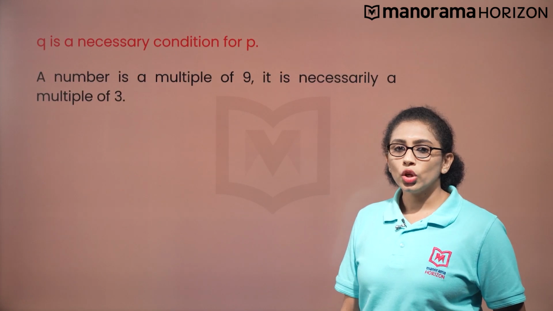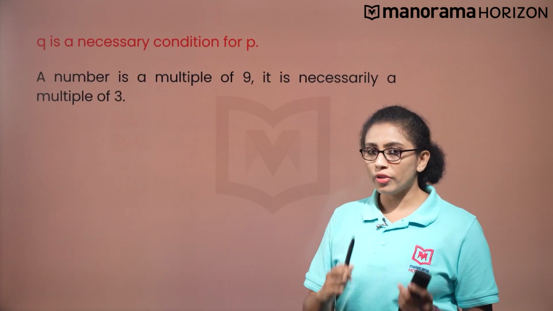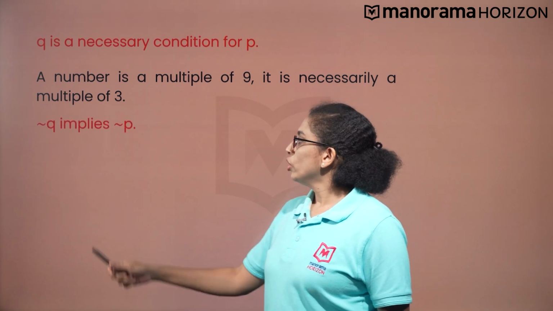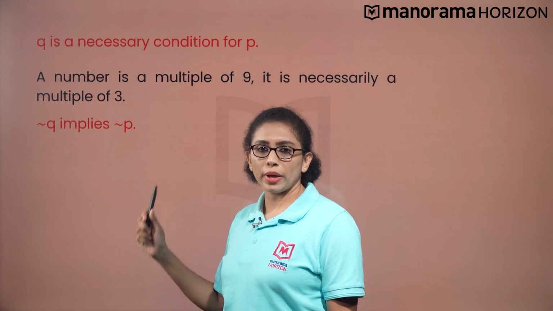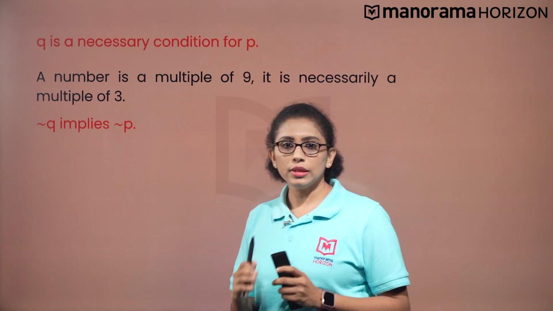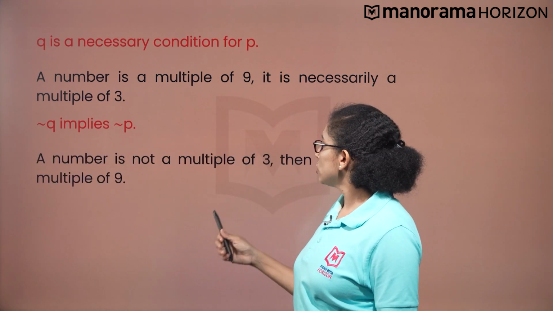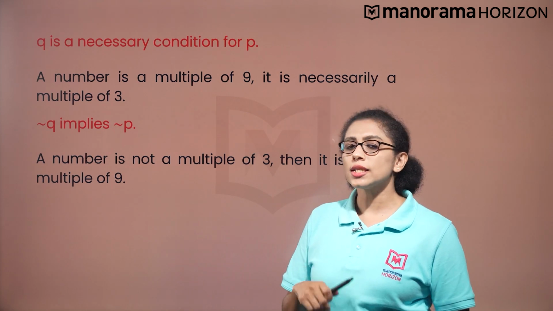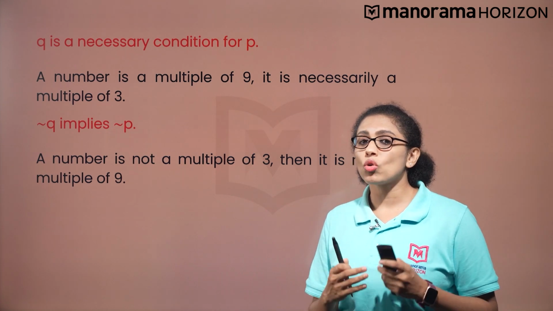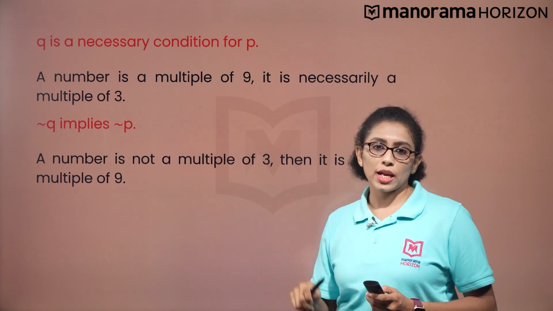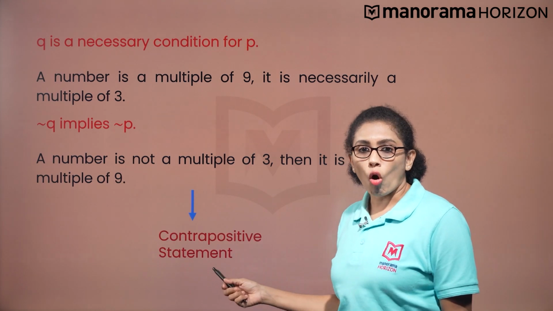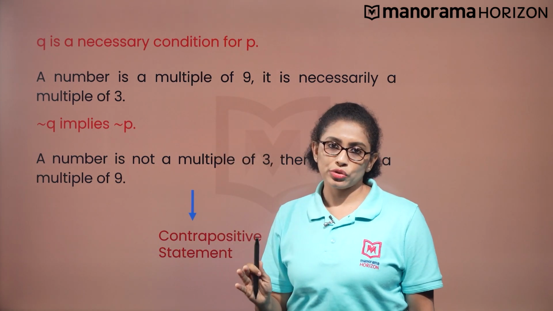This says that when a number is a multiple of 9, it is necessary that it should be a multiple of 3. Then not Q implies not P. That is, tilde Q implies tilde P. This says that if a number is not a multiple of 3, then it is not a multiple of 9. We can notice that this statement is the contrast of the original statement. So, this is the contrapositive of the original statement.